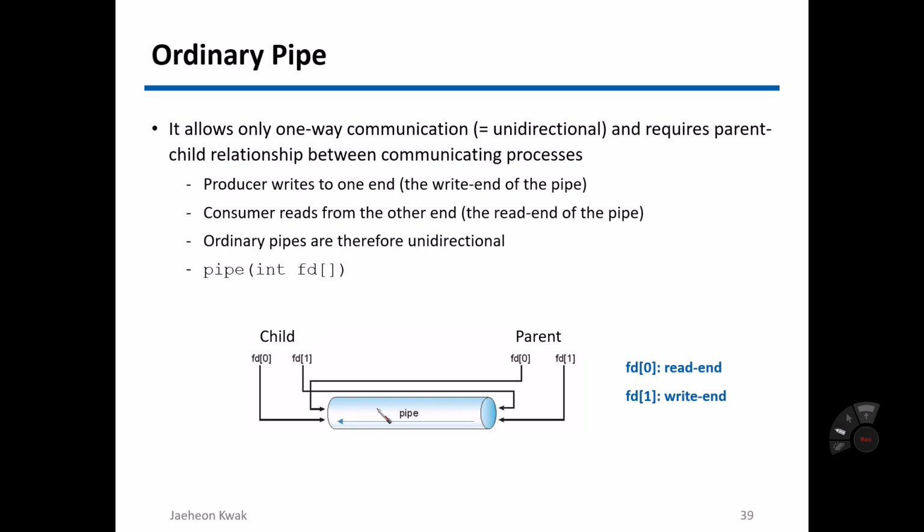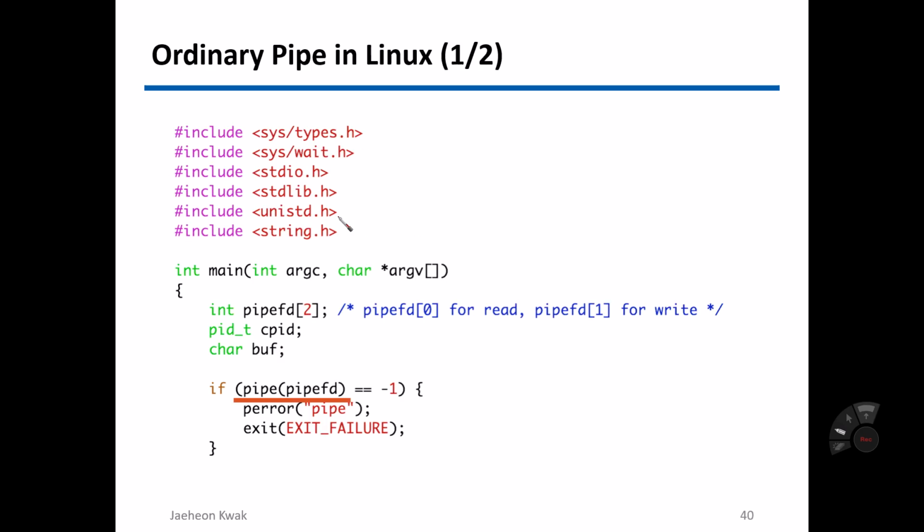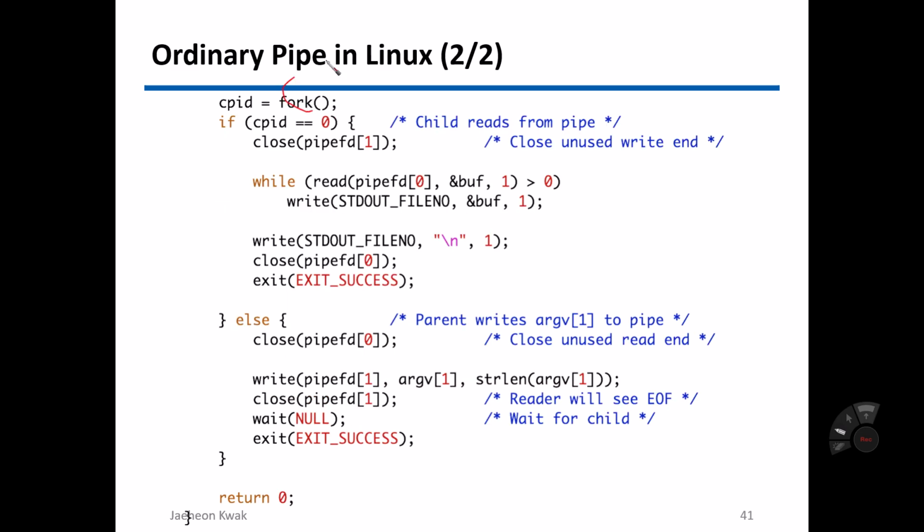Let's see the ordinary pipe first. An ordinary pipe allows only one-way communication, unidirectional, and requires a parent-child relationship between the communicating processes. So this pipe will be used between child and parent. In the example, you can see that the fork function will be used.